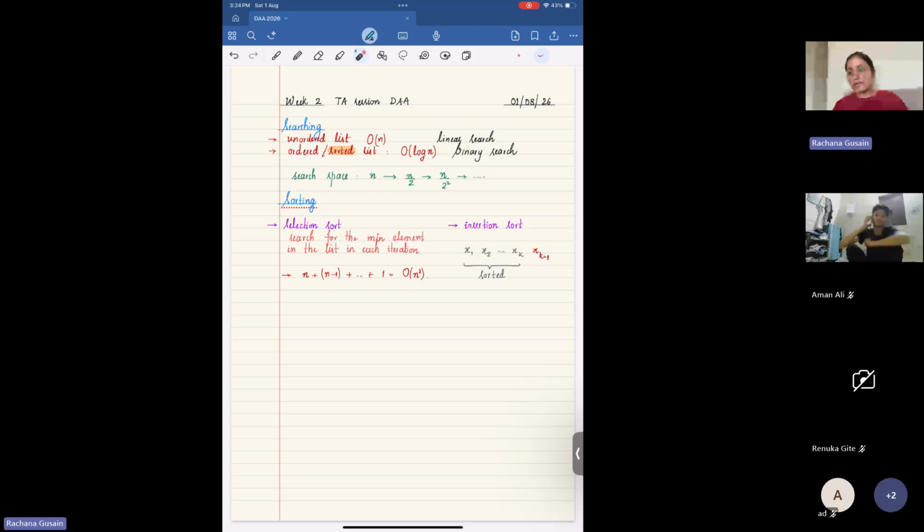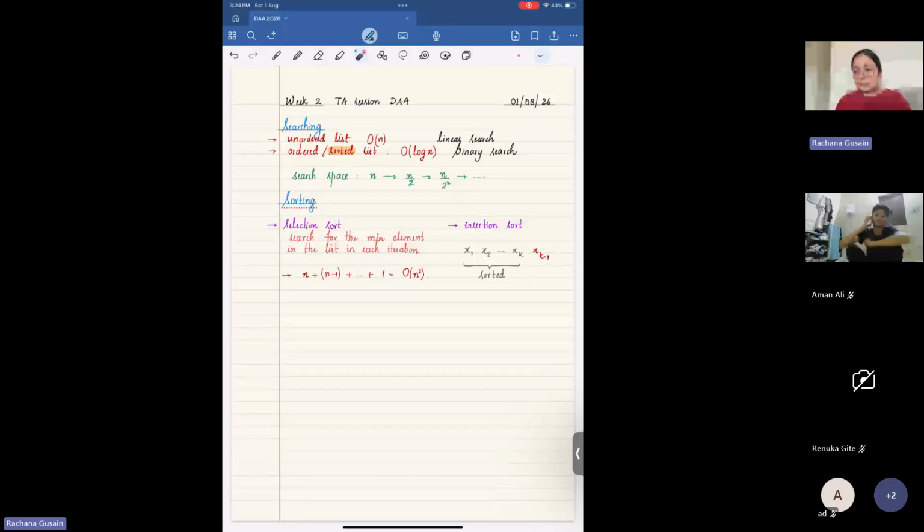So in every iteration, we want to extend the sorted part of the input array by 1. The simplest way is to insert this element at the correct position in the sorted list.